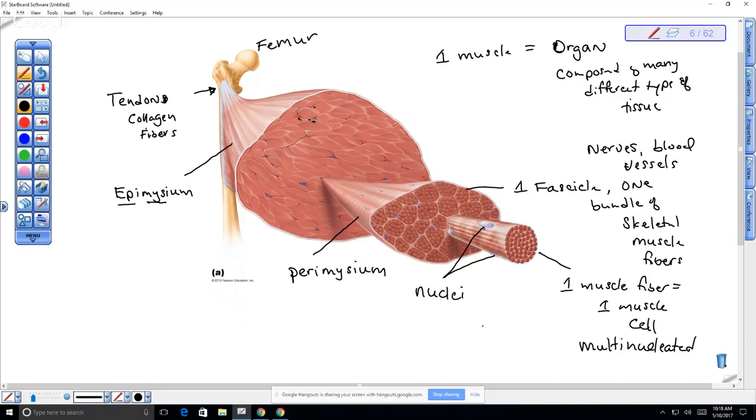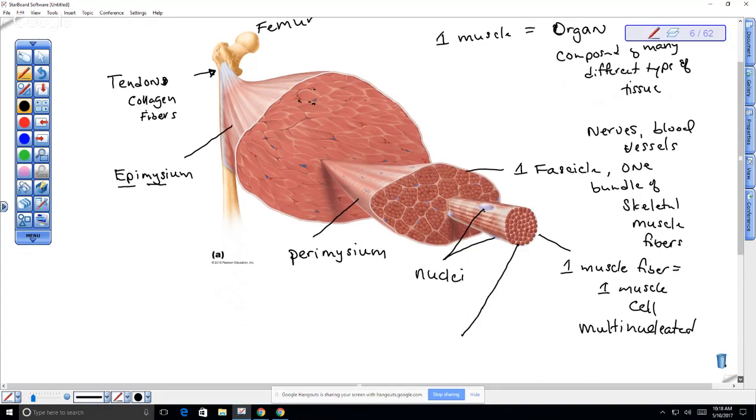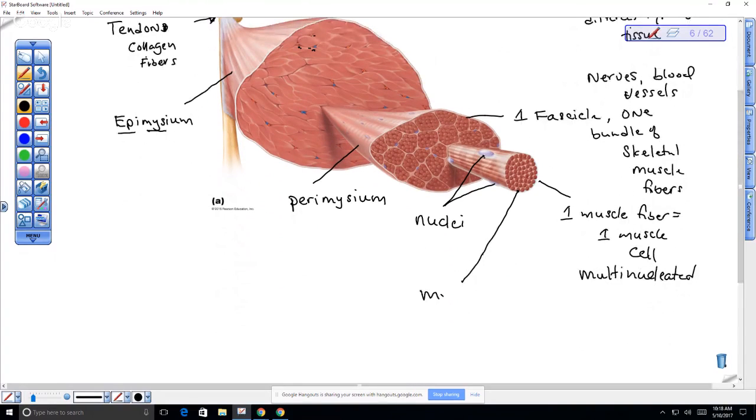And what is really important in muscle cells are what are called myofibrils. So one little thing of that is called a myofibril. Whenever you see myo, that myo means muscle.